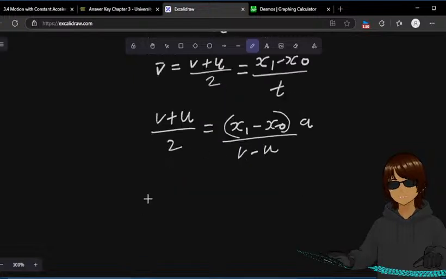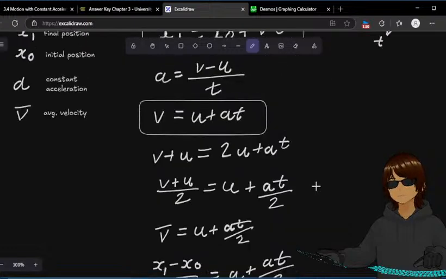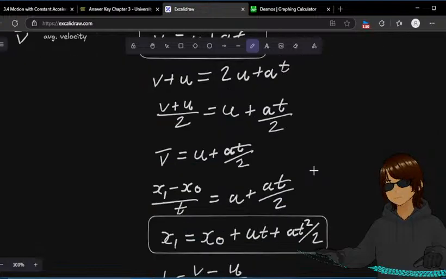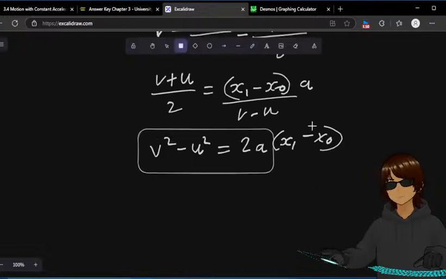So bring this here. v squared minus u squared gives you 2a times x1 minus x naught. This is our other equation.